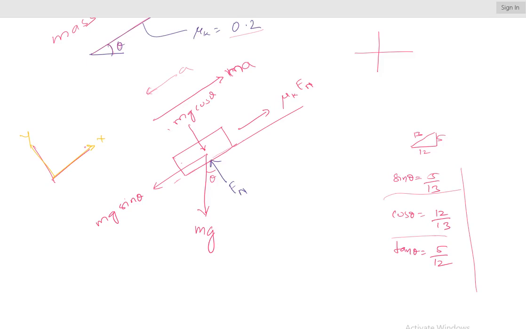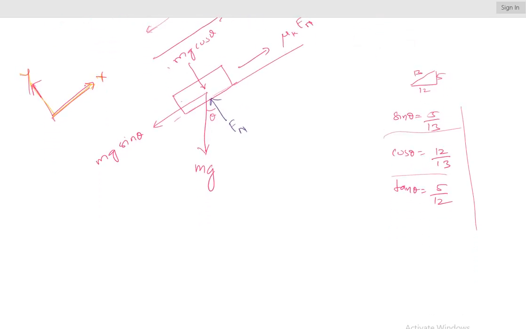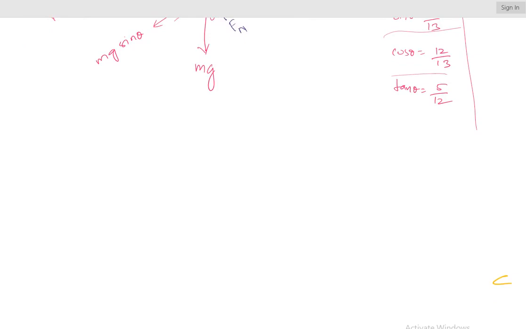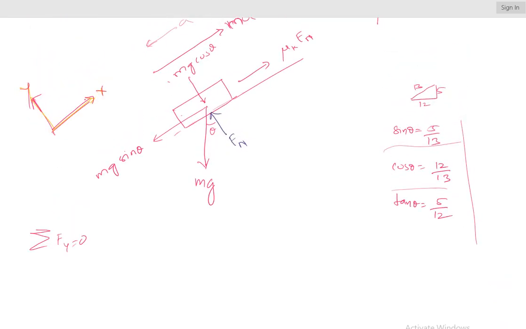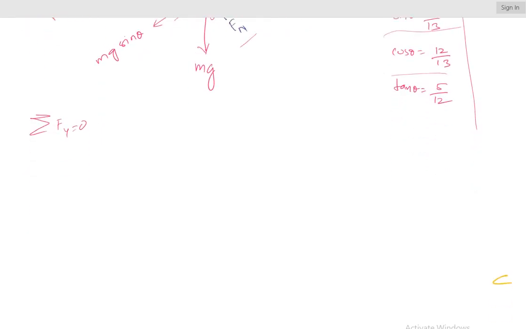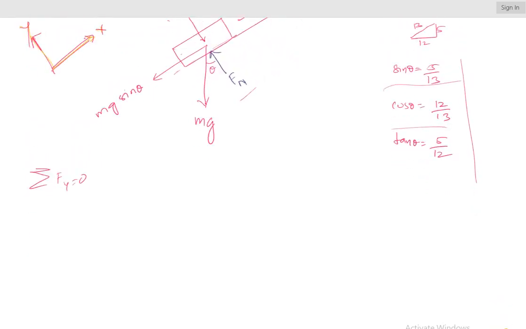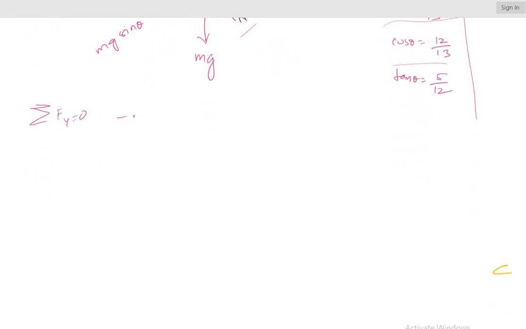So we'll say this is x and this is y. So sigma Fy is equal to 0. There are only two things, mg cosine theta and Fn. If it goes down, I'm going to call that negative. So negative mg cosine theta plus Fn is equal to 0.